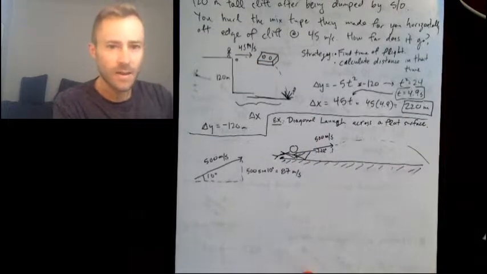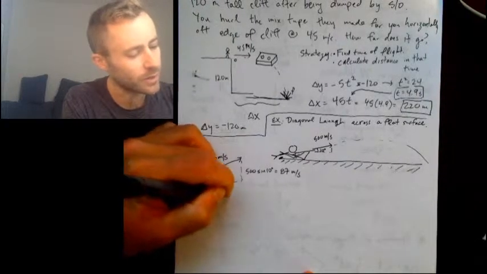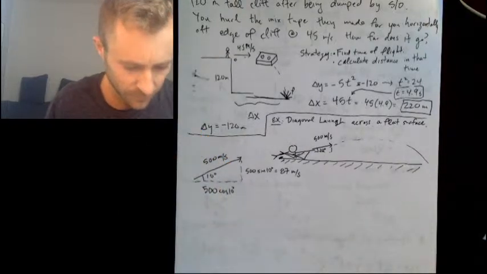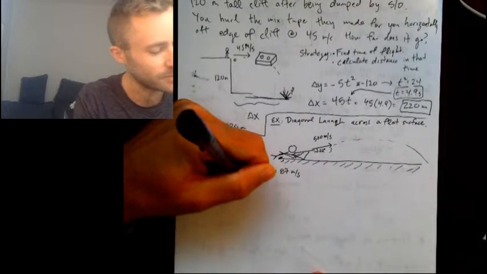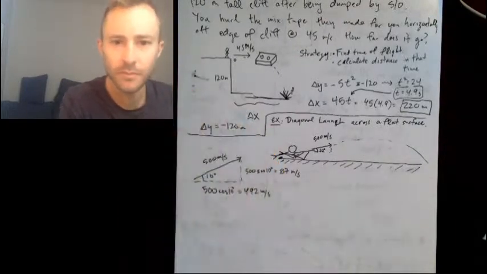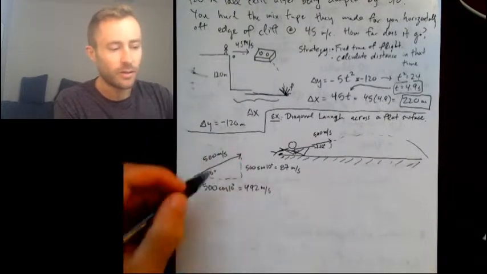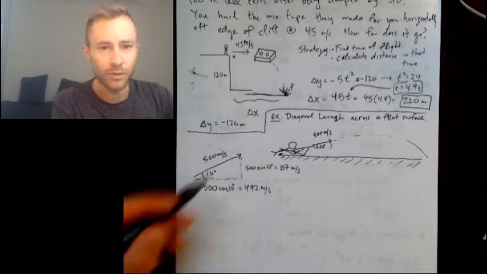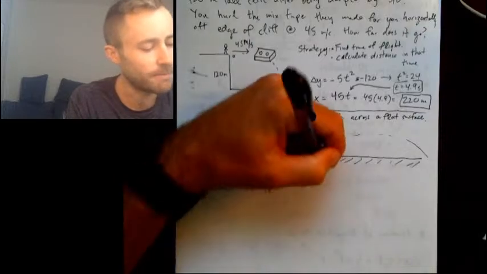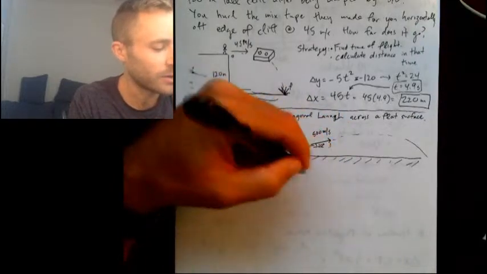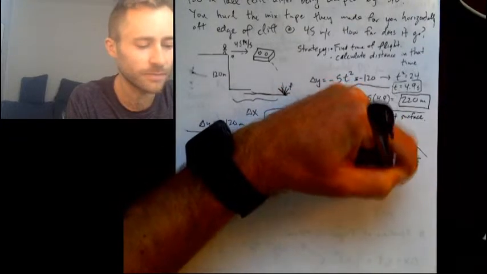The initial horizontal velocity is 500 cosine of 10, and that is 492 meters per second. So because we have a diagonal launch, we want to go ahead and figure out the legs of the initial velocity triangle. Then we go to our delta x equation and our delta y equation.